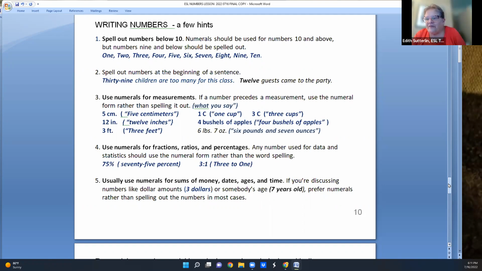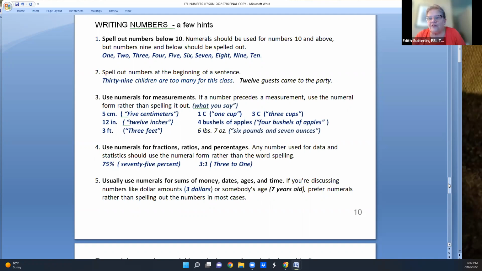6 pounds, 7 ounces. That's a pretty typical weight for newborn babies. You might hear in the hospital of how big somebody's baby was. 6 pounds and 7 ounces. So lbs is the abbreviation for pounds, and oz is the abbreviation for ounce or ounces.